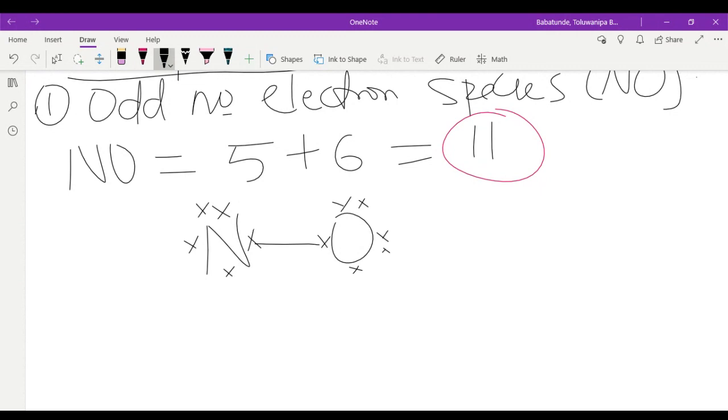If you move these electrons to make multiple bonds, this one and this one goes away, you're going to see that this oxygen has 1, 2, 3, 4, 5, 6, 7, 8. This oxygen is happy, but this nitrogen is not happy. If you move more electrons to make multiple bonds, it will never make both of them achieve an octet structure.